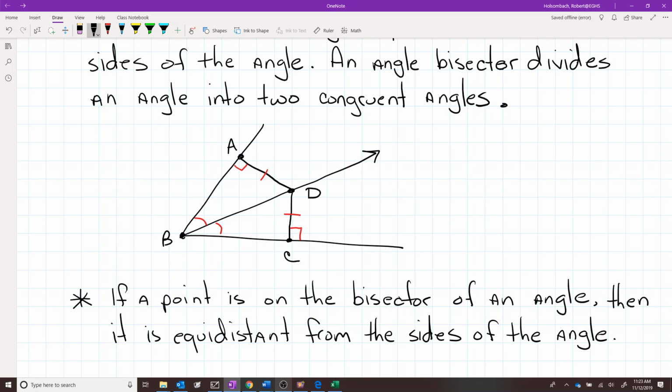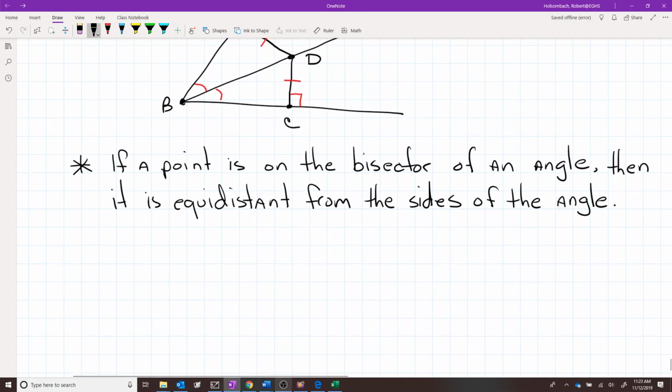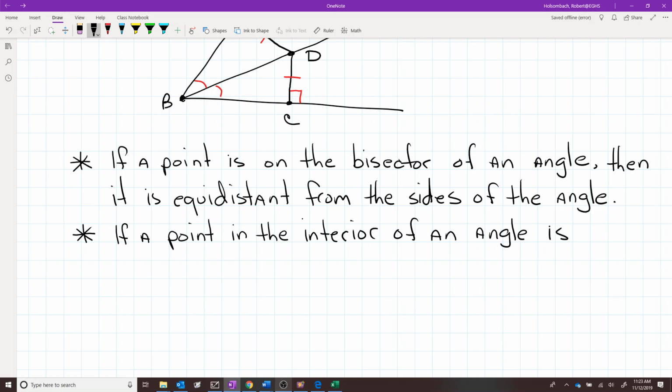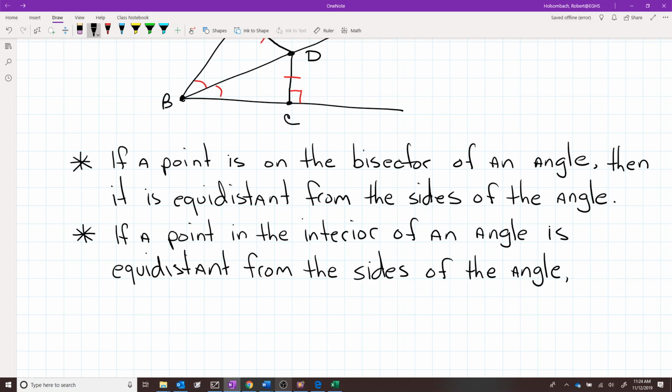The converse of that theorem: if a point in the interior of an angle is equidistant from the sides of the angle, then it is on the angle bisector.